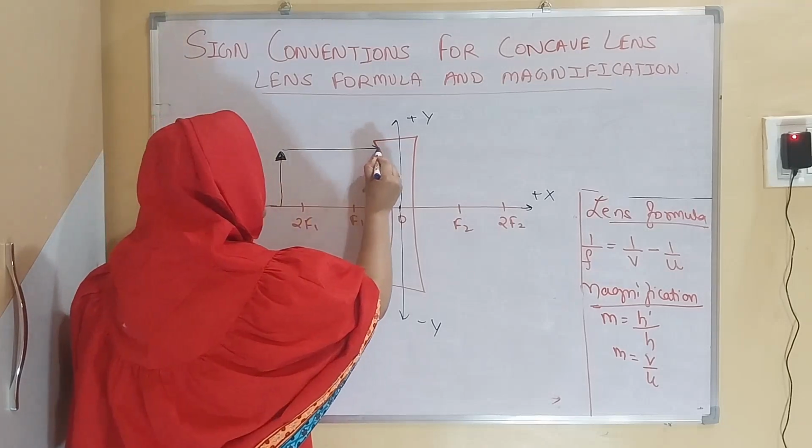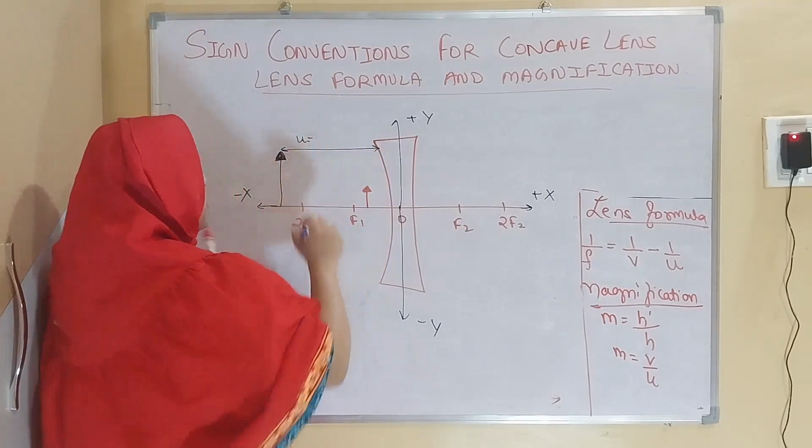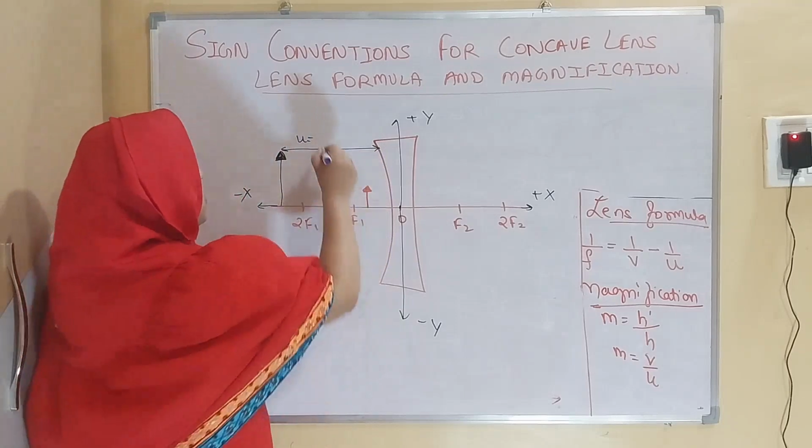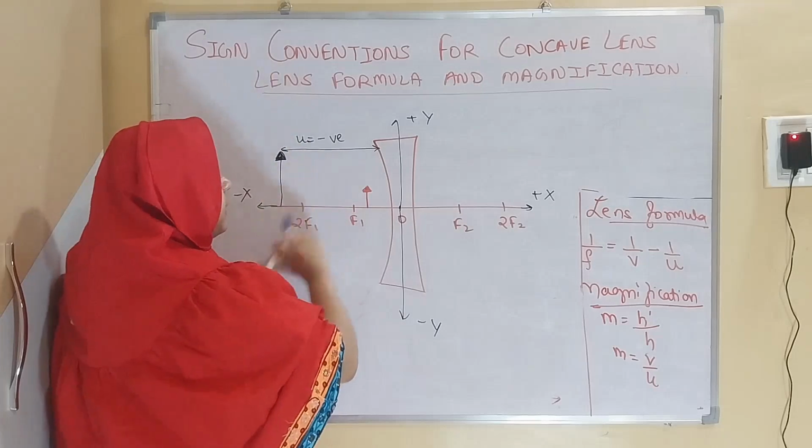Okay, so the distance of object from the optical center u, object कहाँ है? Towards the negative x, so object distance will be negative.